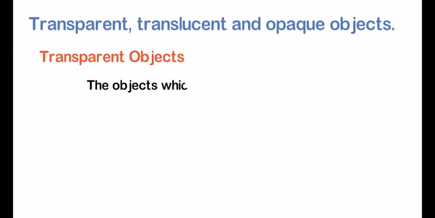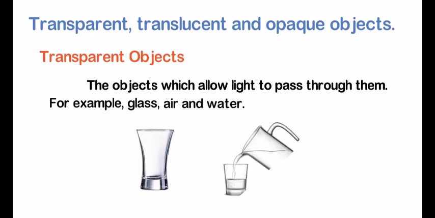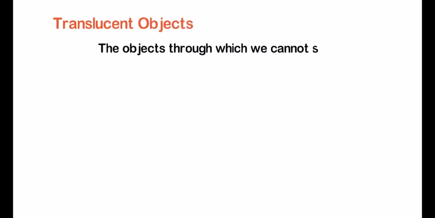Transparent, translucent, and opaque objects. Transparent objects are the objects which allow light to pass through them. For example, glass, air, and water. Translucent objects are the objects through which we cannot see clearly.